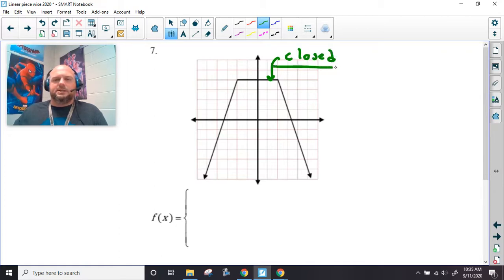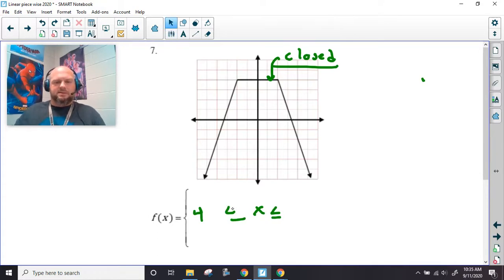Closed. All right, so we're going to start with this one right here in the middle. Where'd my pointer go? Okay. So we know this is a horizontal line, so it's 1, 2, 3, 4. So this is 4. All right, and it's going to be x, and we're going to actually have lines underneath these this time. And I need to move that.